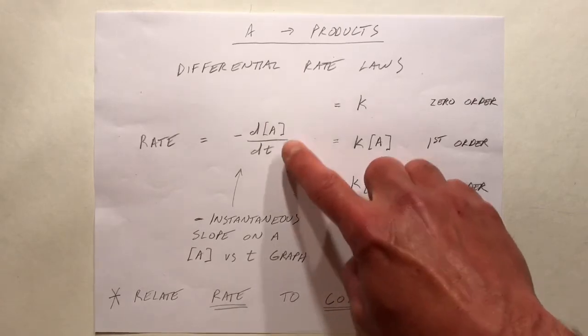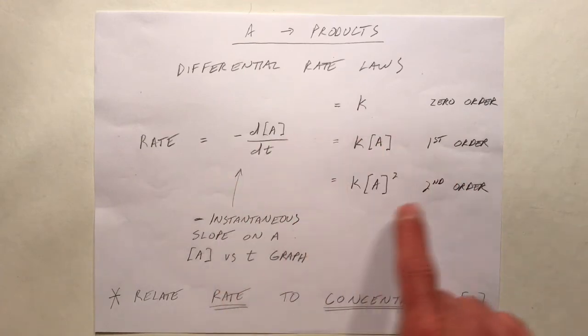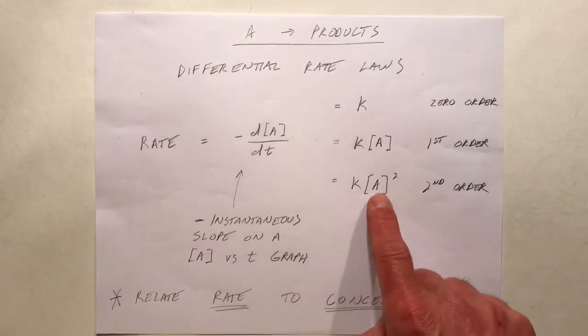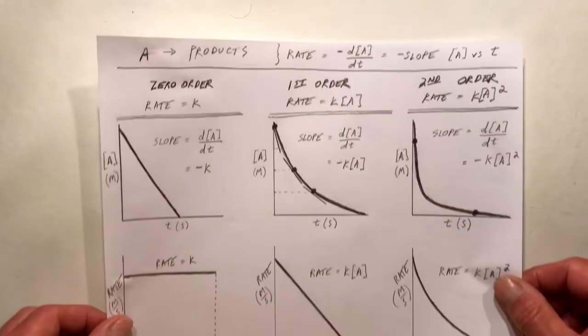So you wouldn't necessarily have to do the derivative if you were willing to build the graph. All of these differential rate laws relate the rate of a reaction to the concentration. Let's take a look at some graphs and go from there.